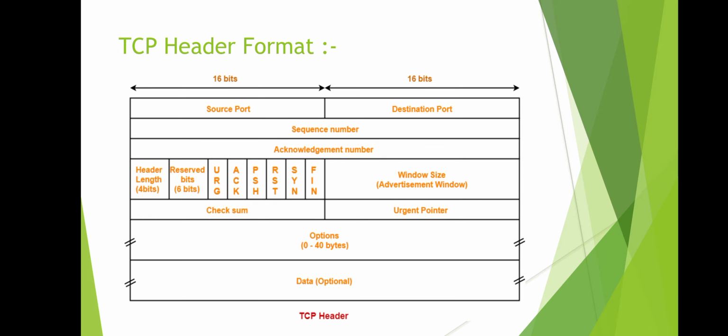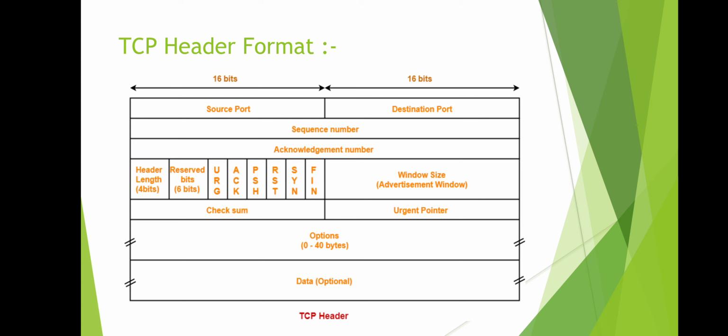Then see the TCP header format. In the TCP header format, the first one is the source port. It is a 16-bit field, and it identifies the sending port, and second, the destination port, it is also a 16-bit field, and it identifies the receiving port. Then the sequence number.